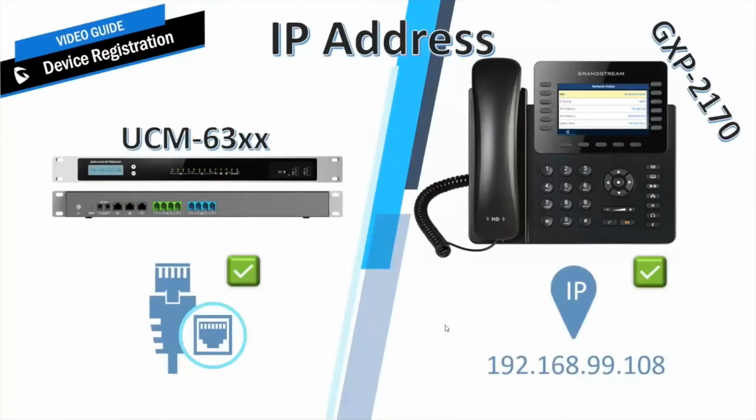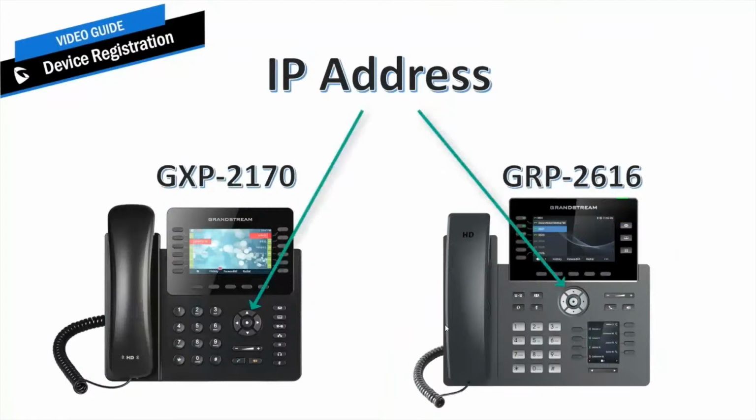So for example, yan yung sa GXP 2170 and GRP 2616, it is very simple. You just press the up button on the navigation key, and ang slightly difference lang nila is yung sa GRP series natin, i-press up natin nang matagal, or i-hold natin yung up, and then it will give you the IP address.